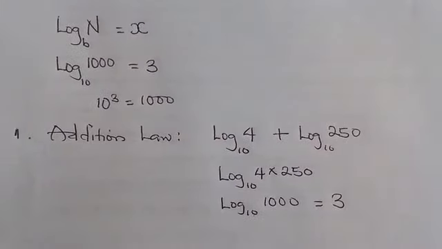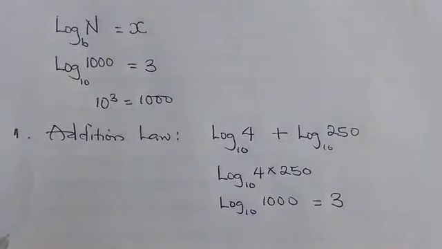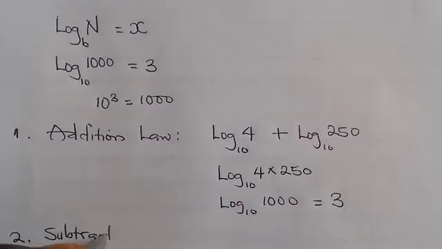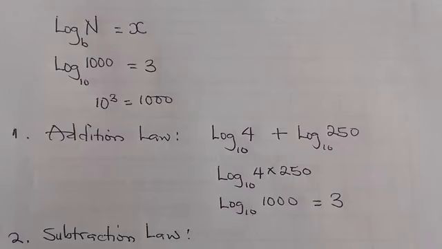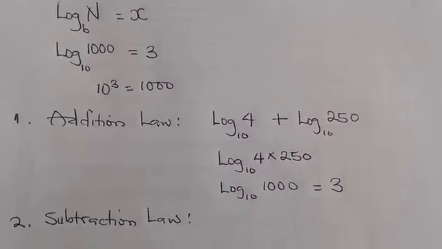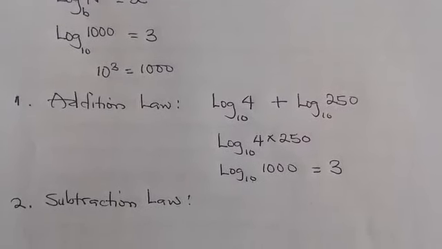The second law is known as the subtraction law. We have the subtraction law. Again, when two logarithms of the same base are subtracted, the one being subtracted is used to divide the other, and all of them must be expressed in their common base.